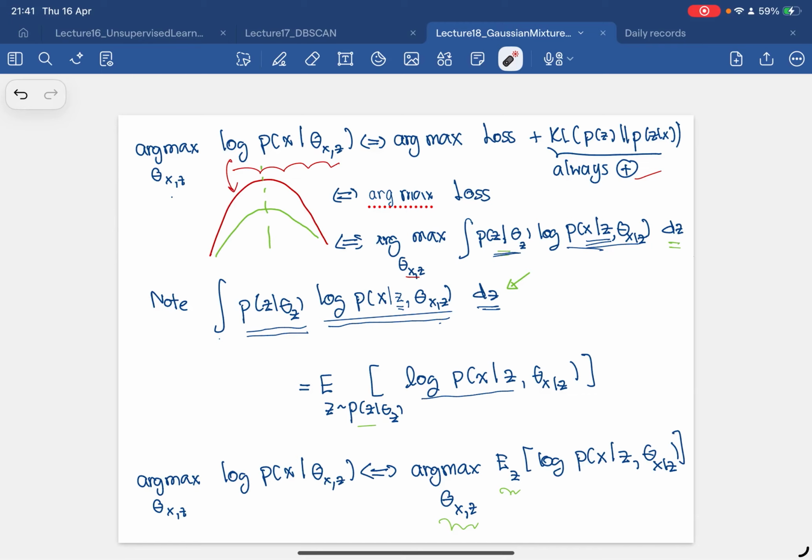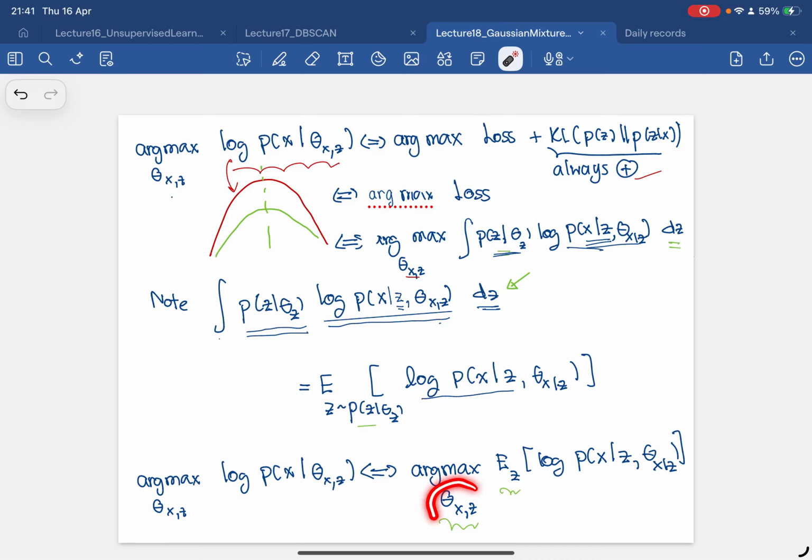So what you're trying to do is solve for theta, the model parameters, by maximizing the expectation of probability of x given z here.